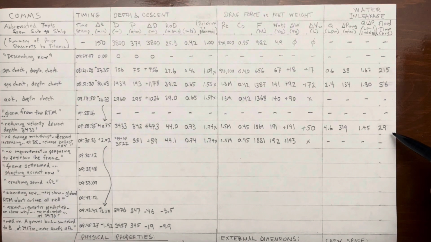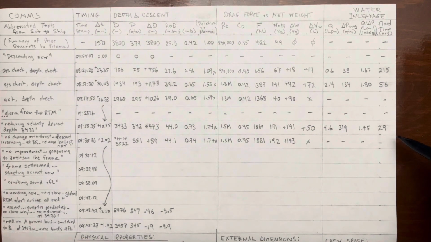At that point, if they'd not been dead already, they would have asphyxiated or been poisoned by CO2. And on top of all that, if that air pocket had been purged away through another crack, they would have simply drowned. So all things considered, the fact that the sub had imploded shortly after this time was probably a blessing for them, because at least the end was quick and painless.